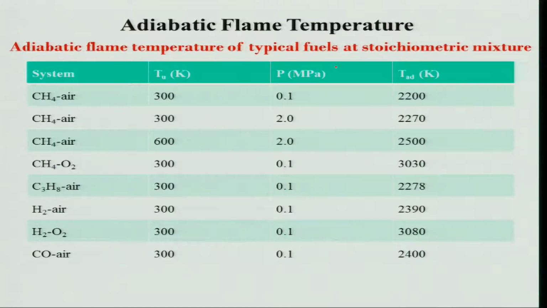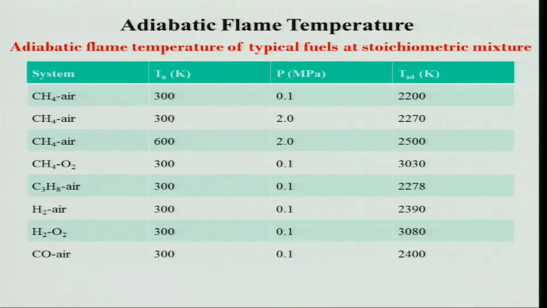Let us look at how the adiabatic temperature varies. For CH4 air, stoichiometric mixture, inlet temperature 300 and pressure 0.1, you get 2200 Kelvin. If I increase the pressure, it becomes 2270 Kelvin, which is not very much higher. That means pressure does not have much effect, though it has a certain amount of effect.